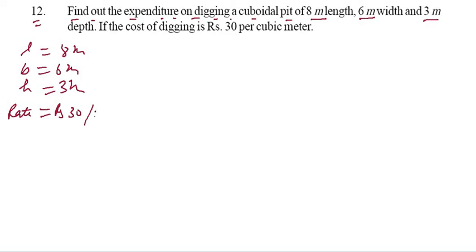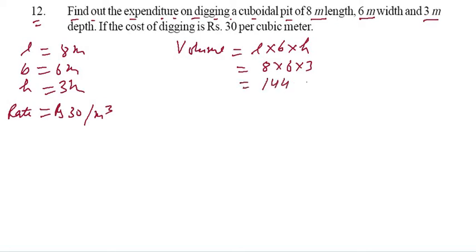Now first of all we can find the volume. Volume is L into B into H, that is 8 into 6 into 3. So you can multiply this one. It will be 144 meter cube.